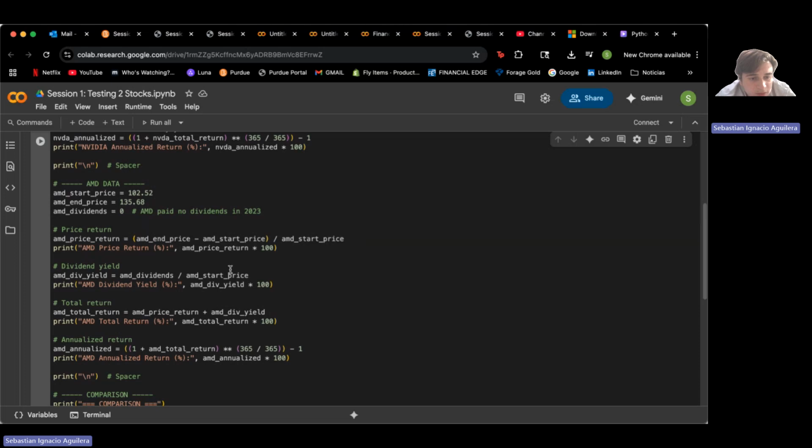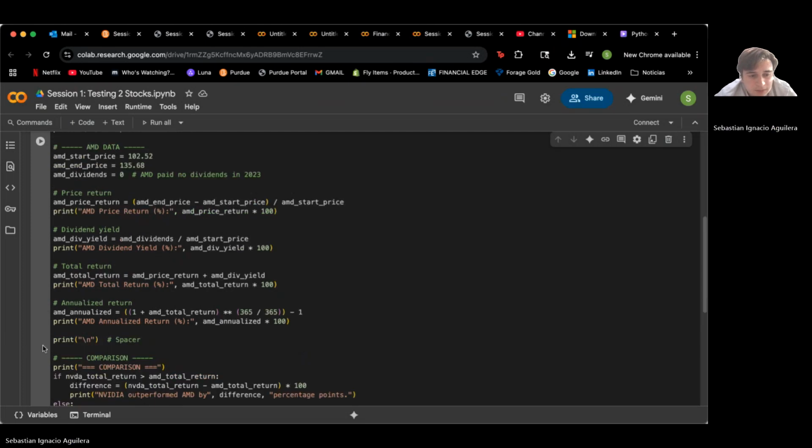The total return is AMD price return plus AMD dividend yield, and the annualized return is 1 plus AMD total return, raised to the power of 365 days divided by the 365 days, minus 1, and it will print out the AMD annualized return.